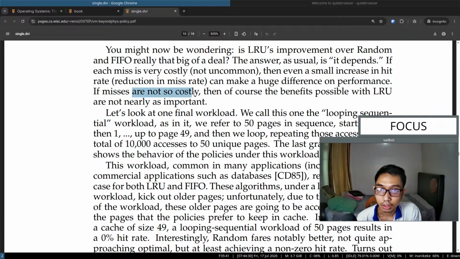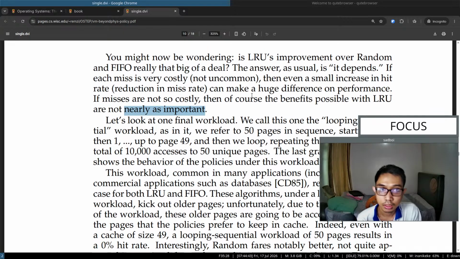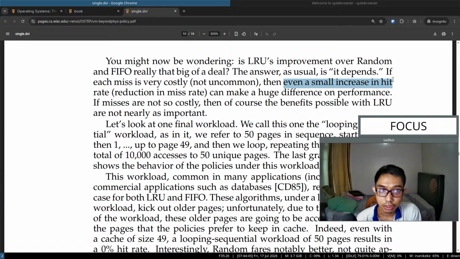If misses are not so costly, then of course the benefit possible with least recently used is not nearly as important. Right? It depends. Okay.